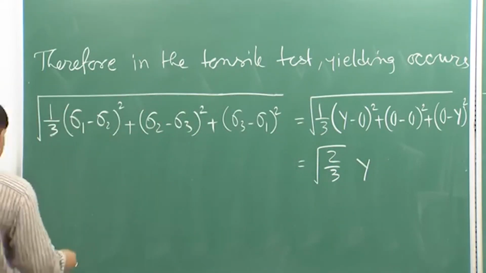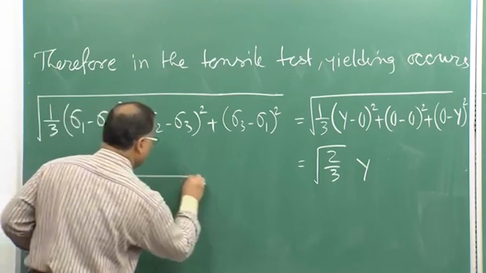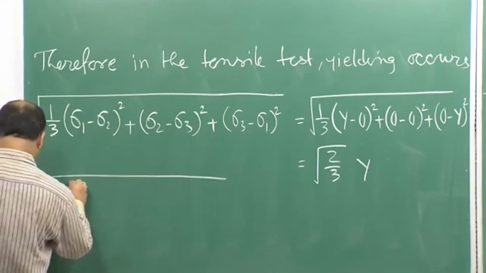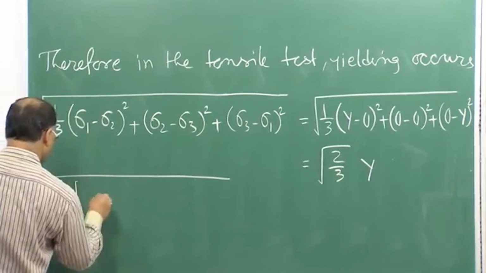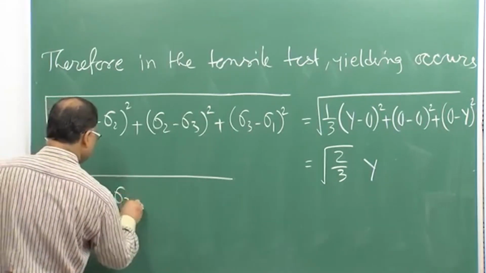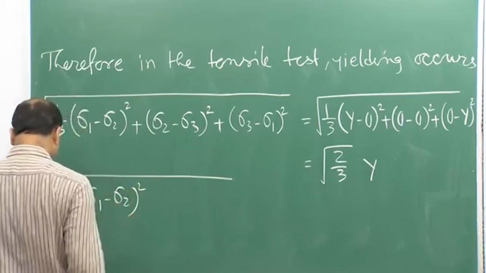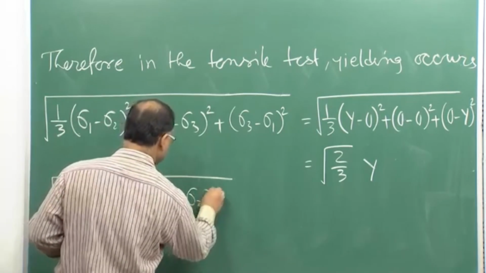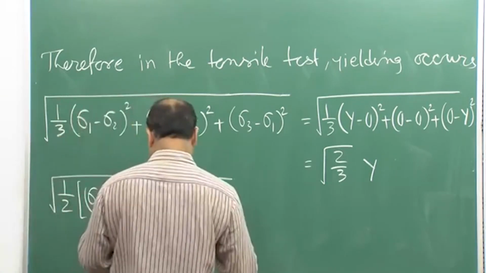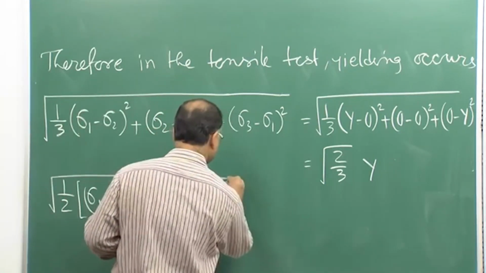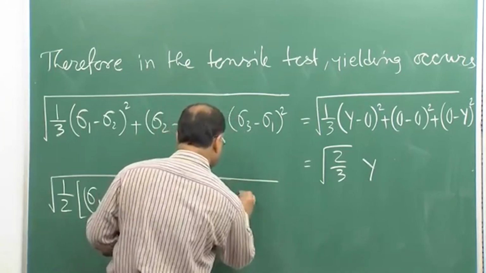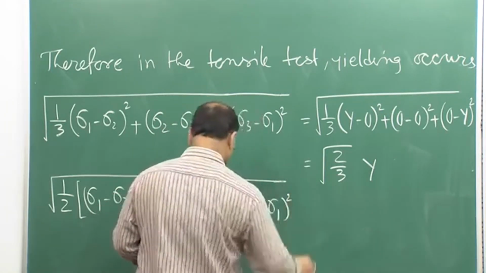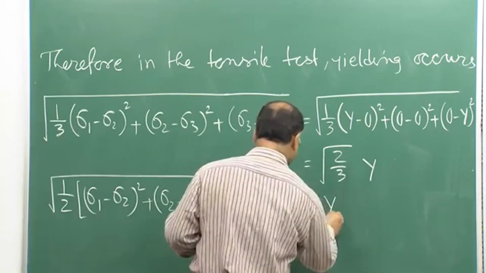So we can simply write root over half of sigma 1 minus sigma 2 whole square plus sigma 2 minus sigma 3 whole square plus sigma 3 minus sigma 1 whole square equal to y.